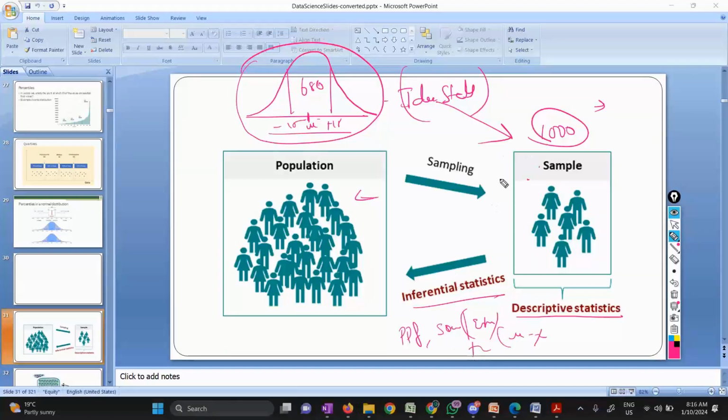Means what? You took the sample, you found the 1,000. Then on this sample, let's suppose again the marks distribution only, you found the distribution looks like this. Means what? For 1,000 people, 680 people have scored between plus 1 sigma and minus 1 sigma. They've scored like this in the sample. Now I want to predict this, not this.